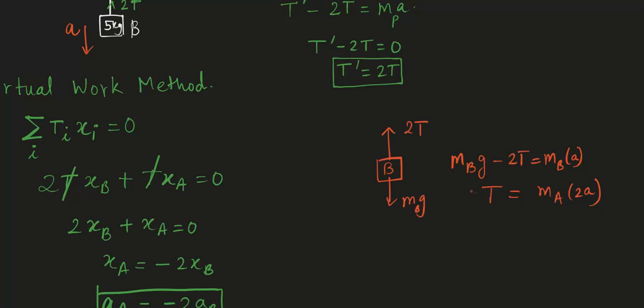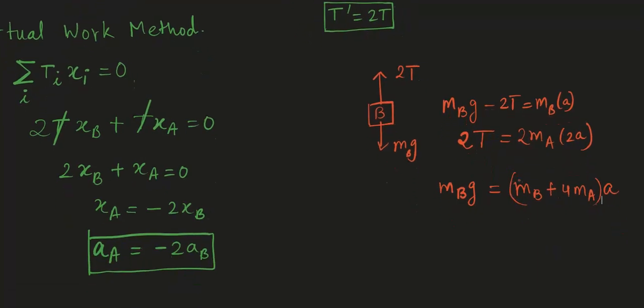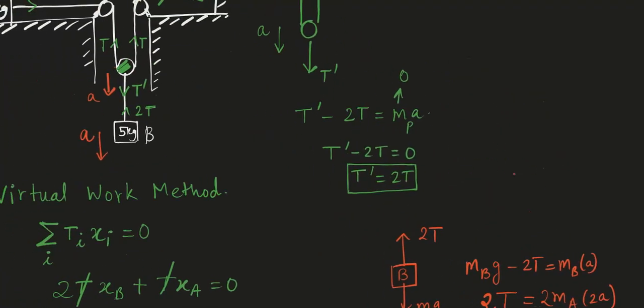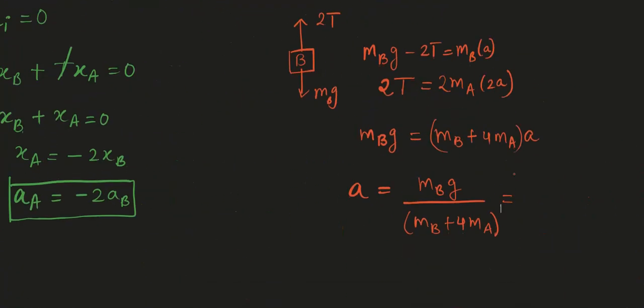Now we will multiply the second equation by 2 and add these two equations. We will get mbg is equal to (mb plus 4ma) times A. So that will give you A to be mbg upon mb plus 4 times ma. The mass of block B is 5 kg and the mass of block A is 2 kg.